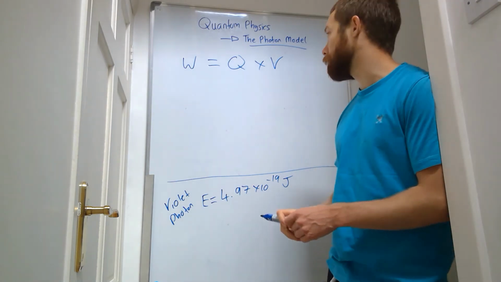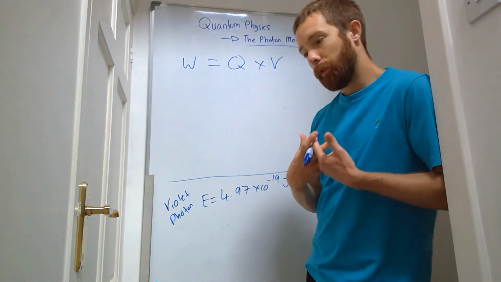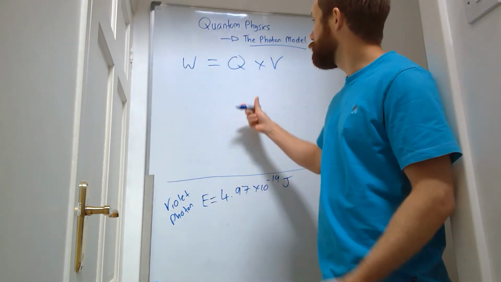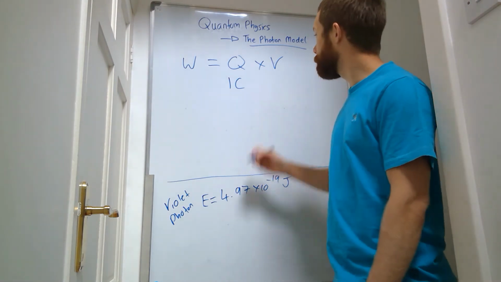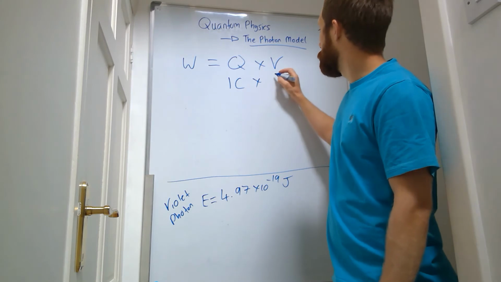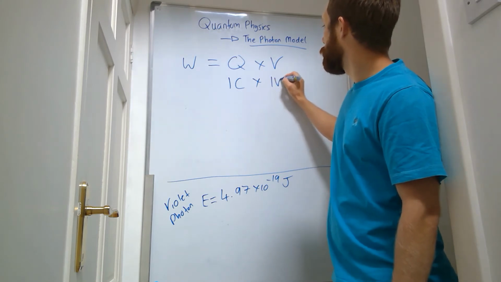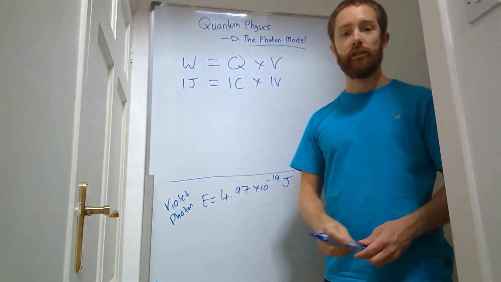Okay, W equals QV. Now, in our standard units, if you had 1 coulomb of charge moving through a potential difference of 1 volt, you would have 1 joule of energy.